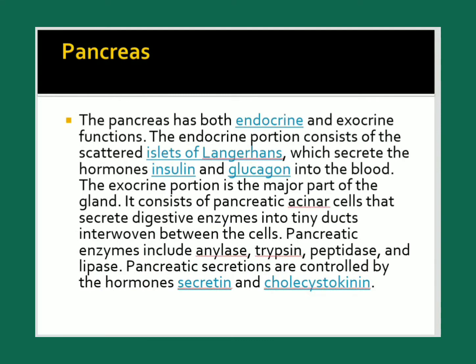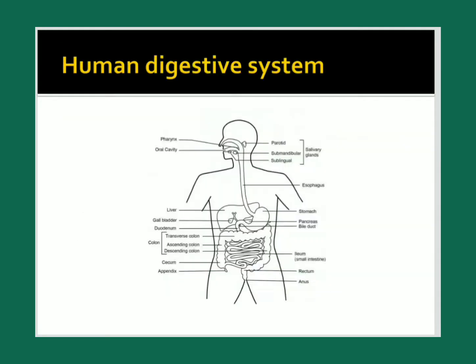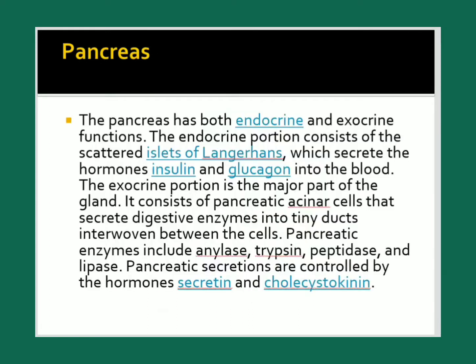Next, the pancreas, which has both exocrine and endocrine functions. The endocrine portion consists of the scattered islets of Langerhans, which secrete the hormones insulin and glucagon into the blood, which regulate the blood sugar levels. Next, the exocrine portion is the major part of the gland. It consists of pancreatic acinar cells that secrete digestive enzymes into tiny ducts interwoven between the cells.